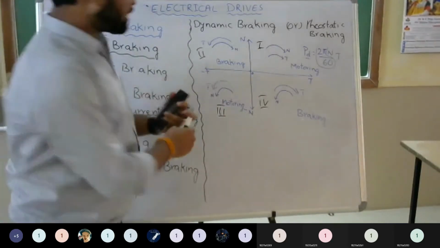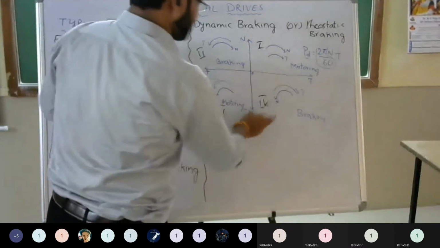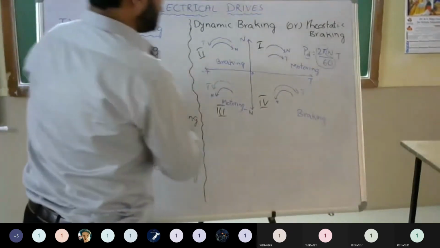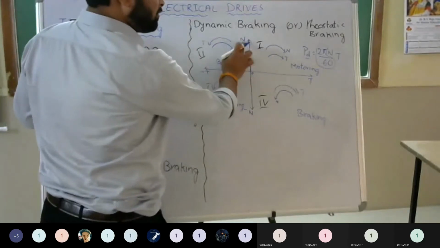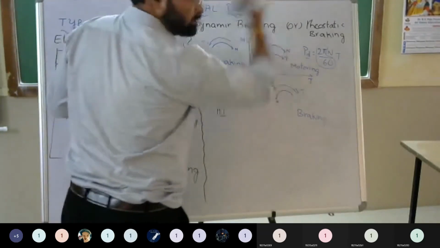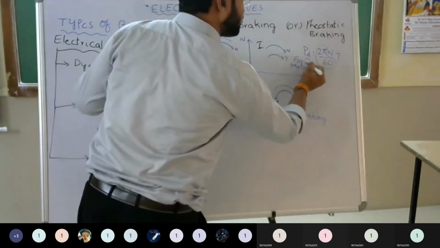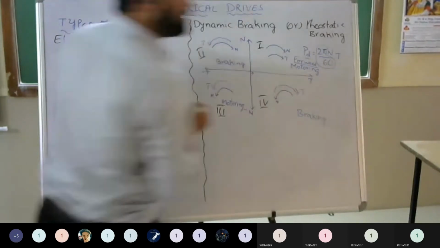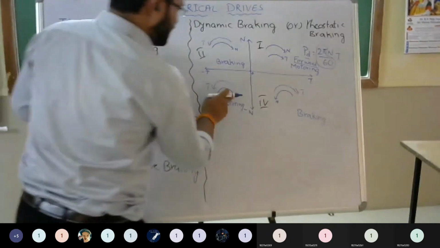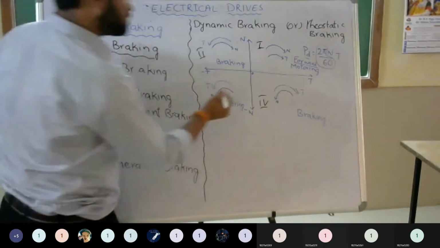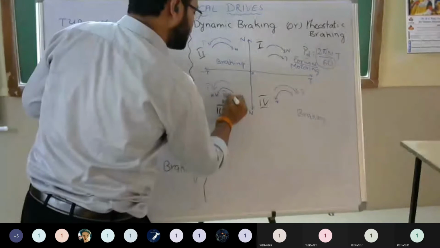Then what is the difference between this braking and this braking? We already said that if speed is positive, it is the forward direction. So we will call this one forward motoring, and here, reverse, we will call this one reverse motoring.